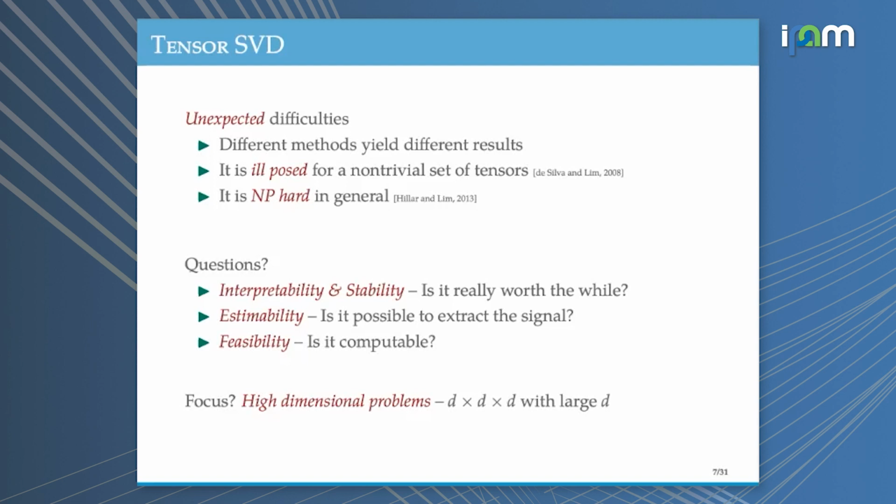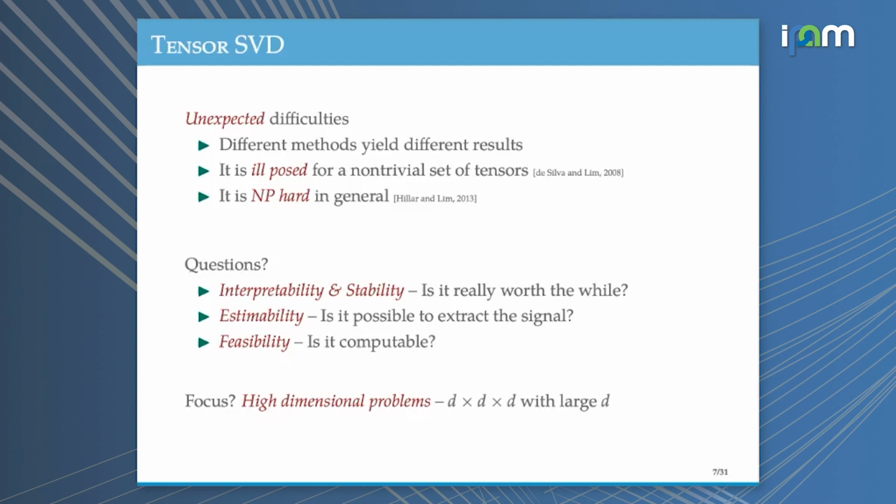Then you can forget about all these challenges related to a tensor. Is it really worthwhile to organize data in the form of a multilinear array and think in terms of tensors?